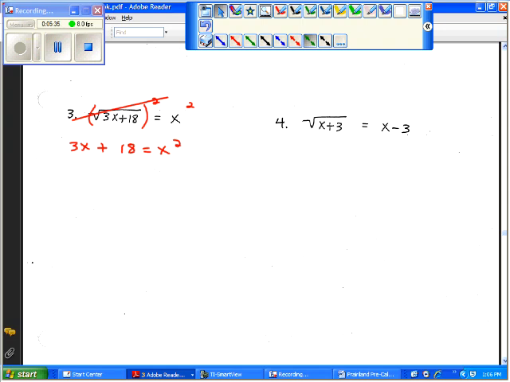We have an x and an x squared, which means that this thing is a quadratic. And if it's a quadratic, we have to set it equal to 0. So we're going to move those terms to the other side, which is going to give us x squared minus 3x minus 18 equals 0, because you have to remember to change the sign when you cross over.